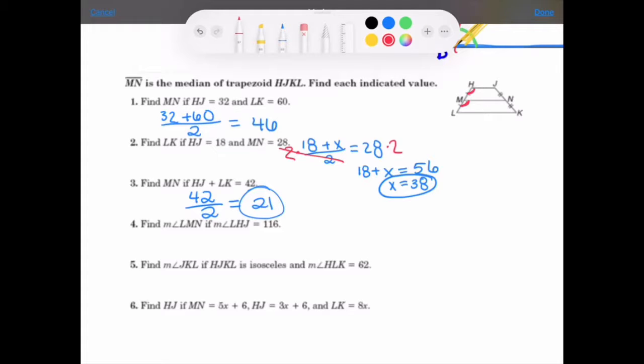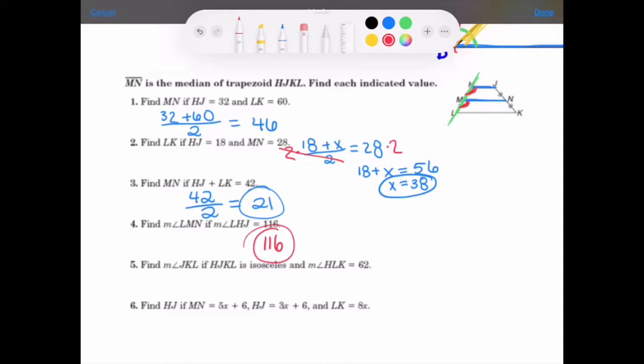So here we know that HJ and MN are parallel, because the midsegment or the median will always be parallel to the two parallel lines in a trapezoid. So if we have two parallel lines and then one line here, what do we know about these two angles? They're going to be equivalent. So if the measure of angle LHJ is 116, then the measure of angle LMN will also be 116.